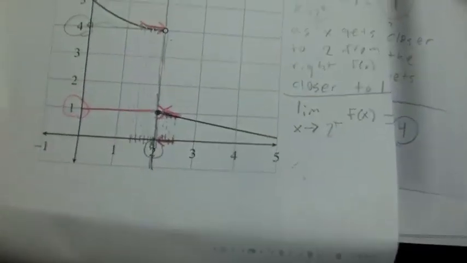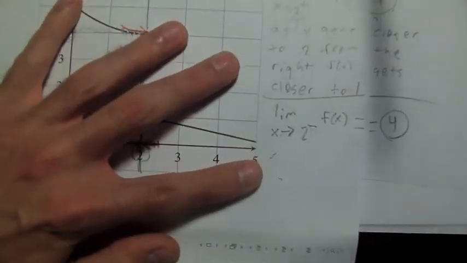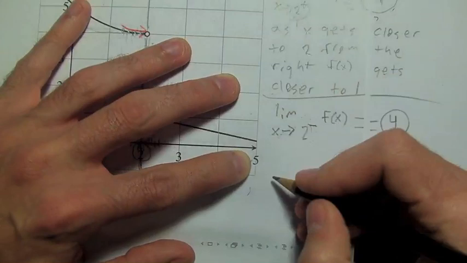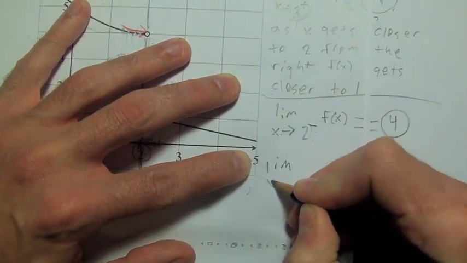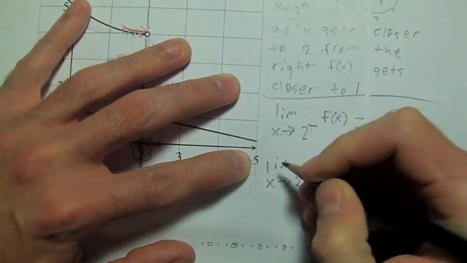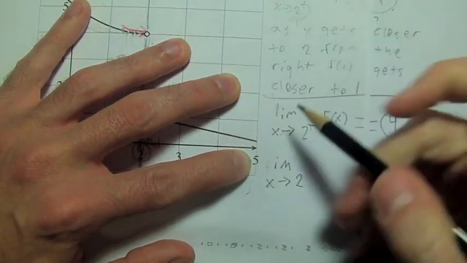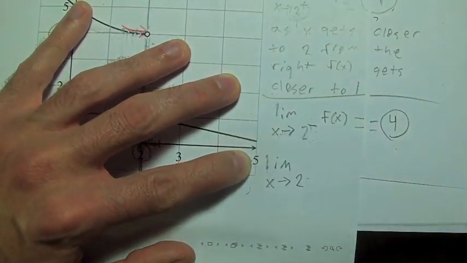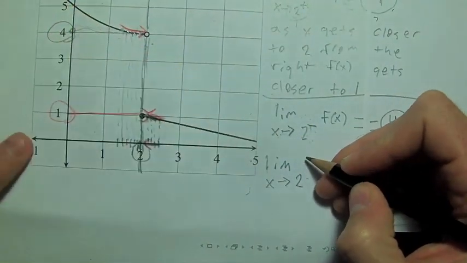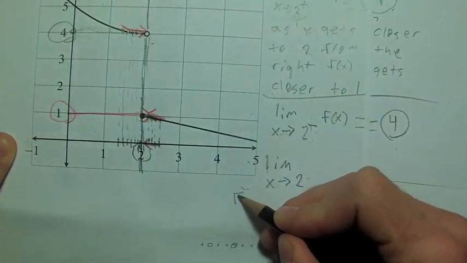So, let me move this up a little bit. What could I say now about the limit as x goes to 2 if I don't have a plus or a minus? Well, if I have no plus or minus, this means from both sides.